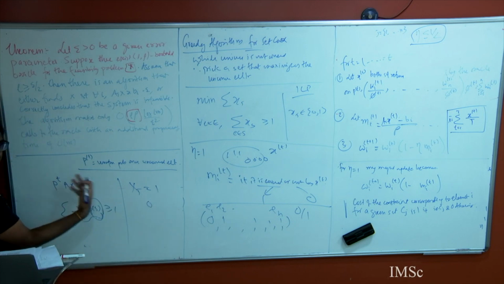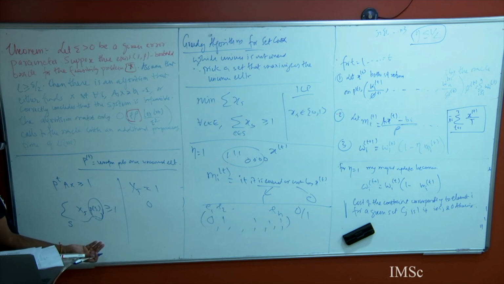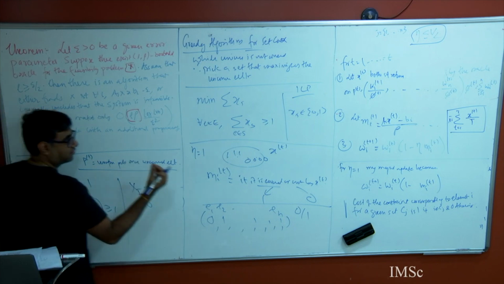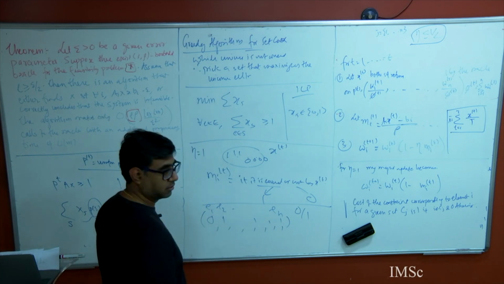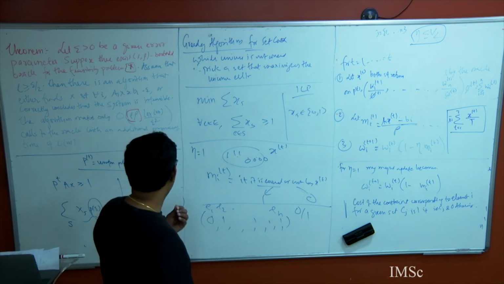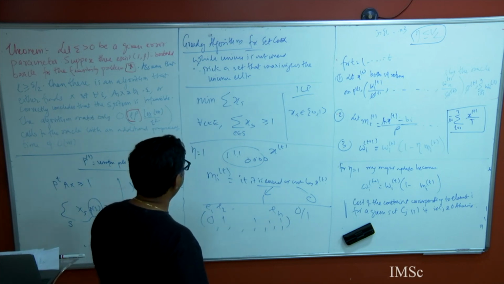Now let's look at each constraint. Is it satisfied or not satisfied? It is satisfied. Each set is satisfied, like each constraint is satisfied. Well, look, this is what I set.